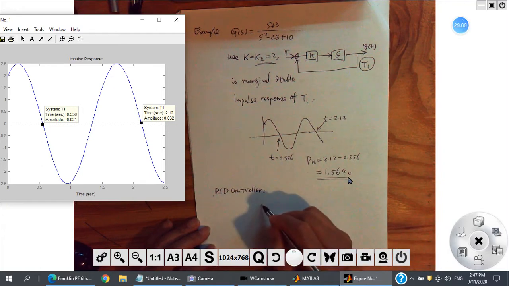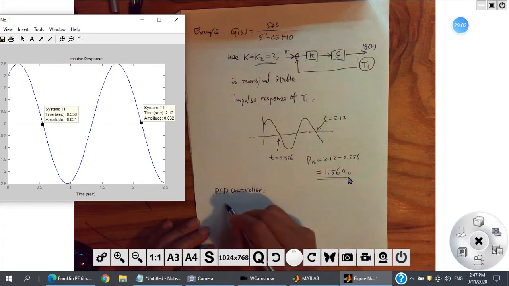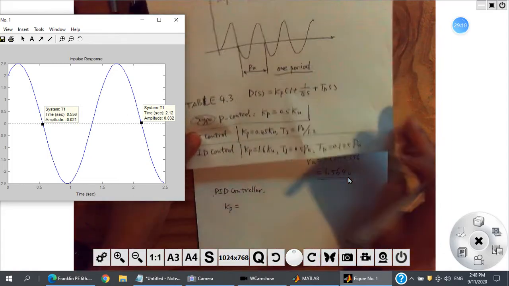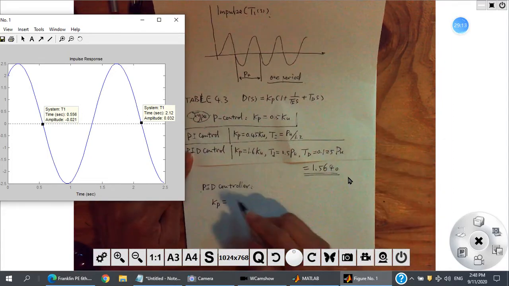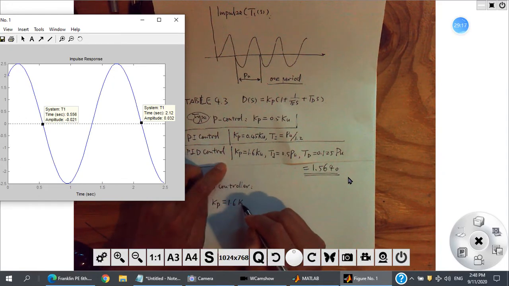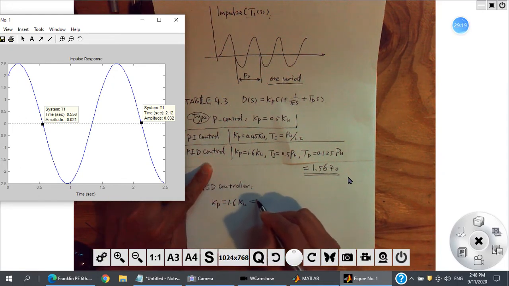I use KP. KP will be 1.6 times KU. KU is 2, so this is 3.2.